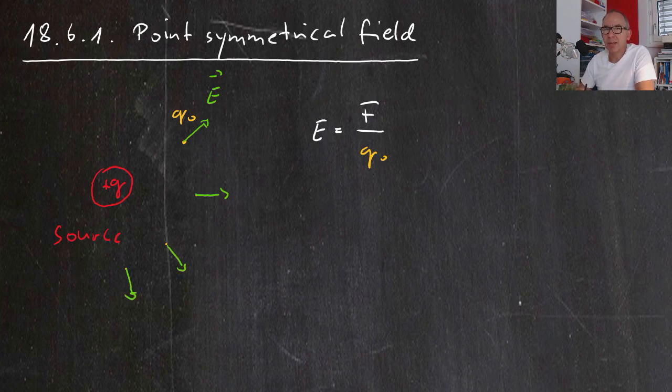On the other hand, if I go closer to the charge, the electric field will be stronger since I'm closer. So for example, here and here, the field will be stronger. The direction of all these electric fields is always pointing outward, starting at the source, and it's getting weaker and weaker the further away we go.